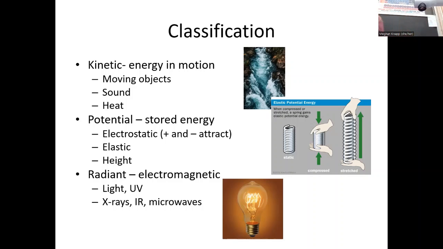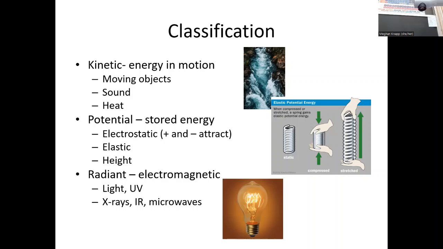Ultraviolet light can cause tanning, it can cause sunburns, but also things like X-rays. That is also electromagnetic radiation. That is also energy. Infrared, that is also electromagnetic radiation. It is also energy. Sometimes people talk about IR energy as heat. They're not exactly the same thing.